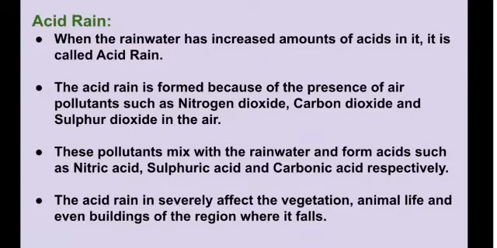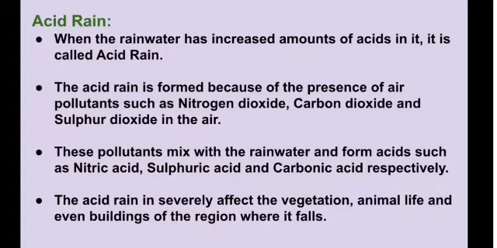These pollutants mix and react with the rainwater and form acids. Nitrogen oxide turns into nitric acid, sulfur dioxide turns into sulfuric acid and carbon dioxide turns into carbonic acid respectively.